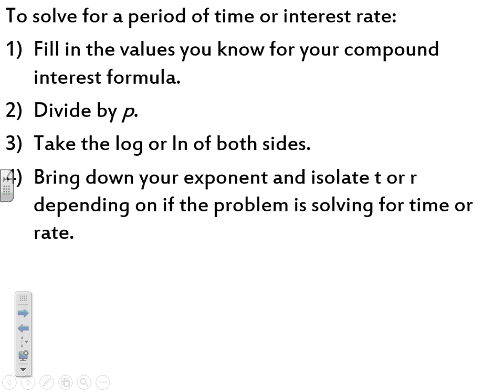So when we are trying to solve an application problem, we really need to see which formula we are going to use. The way we determine that is by reading the problem and seeing how it is compounded and what we are looking for. There are certain key words in the problem itself that will allow us to determine which formula we're going to be using.